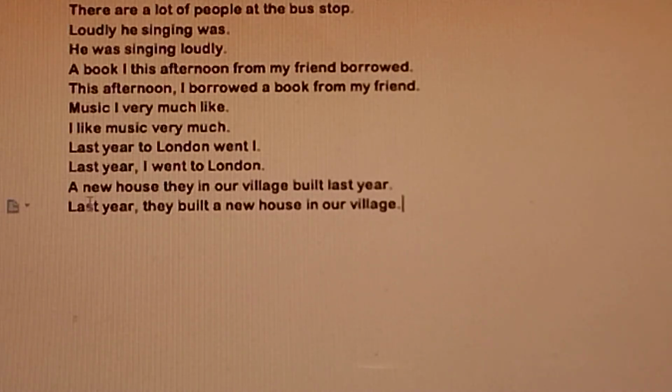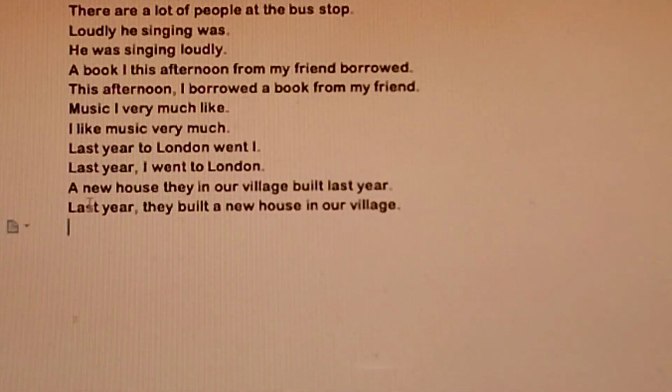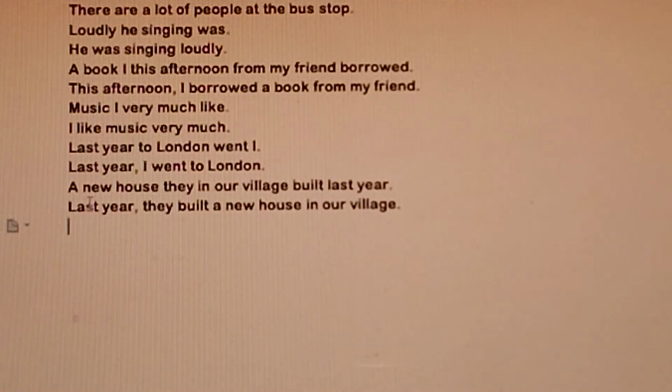Okay, I'm going to give you these conjoined sentences like this. I want you to join them together to make a complete sentence. Okay. Number one. So those are like your homework.